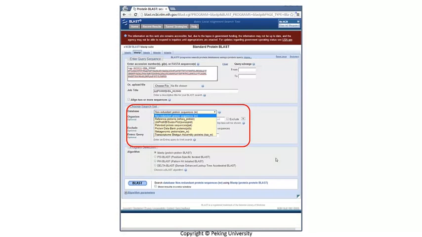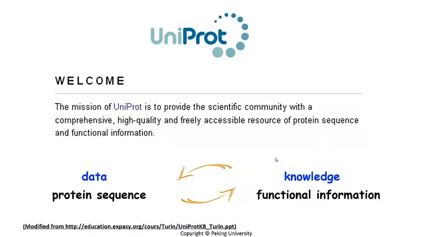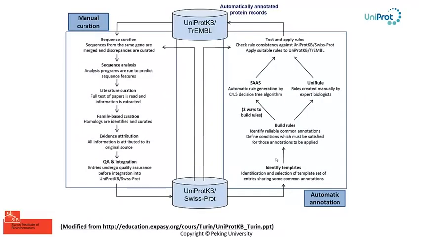The SwissProt database is part of the UniProt protein database. Thus, it is also called the UniProt SwissProt database. Every sequence in the SwissProt database has been manually created by a team of experts.